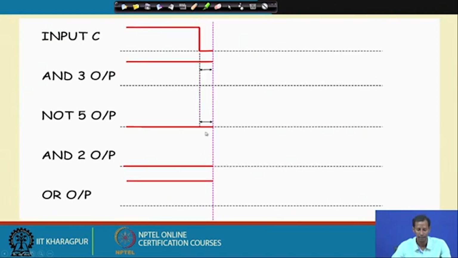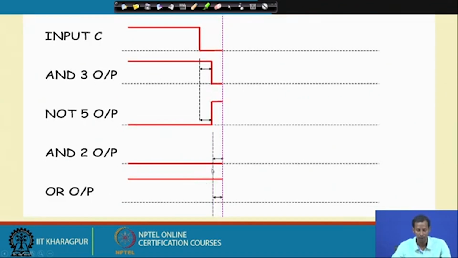After some time, N2 output is 0 and the OR output is considering this 1 and 0, that is 1. So, you consider that after this particular time period, this AND gate will now try to change.